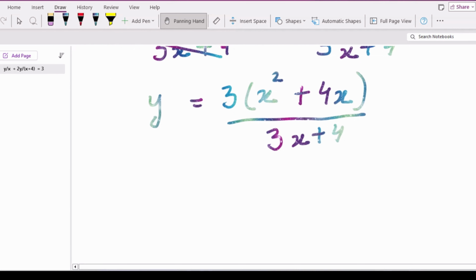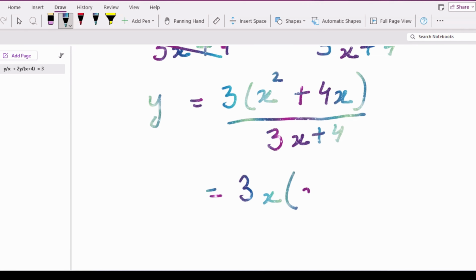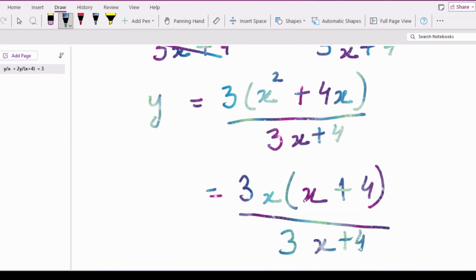Now you can also simplify it if you would like. And how would we simplify it? You see that this is a quadratic expression. You see the x has a power on top of it here. So what we can do is take out x as common as well. So it would become 3x into x plus 4 over 3x plus 4.